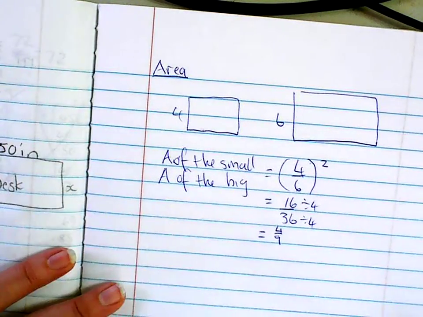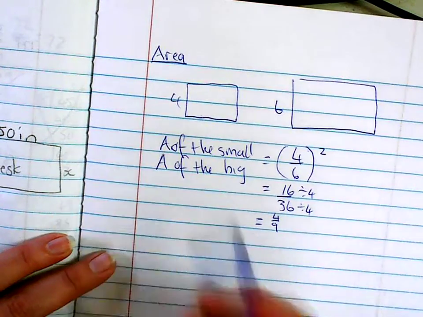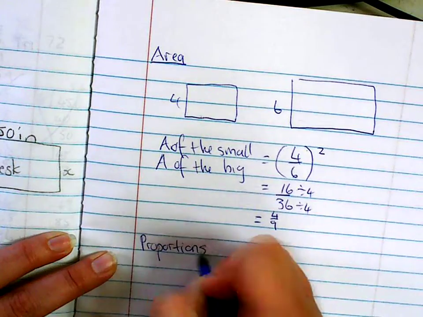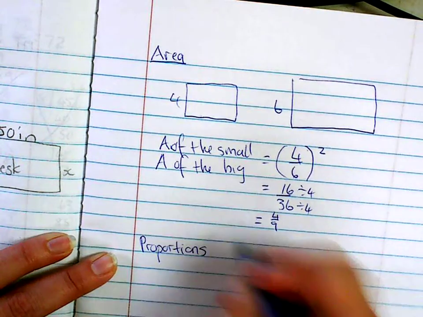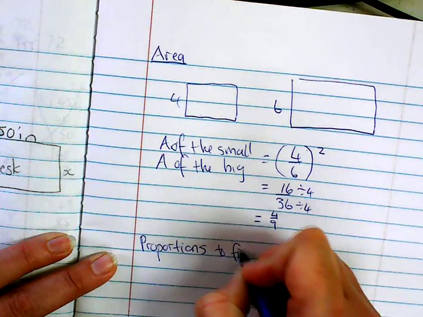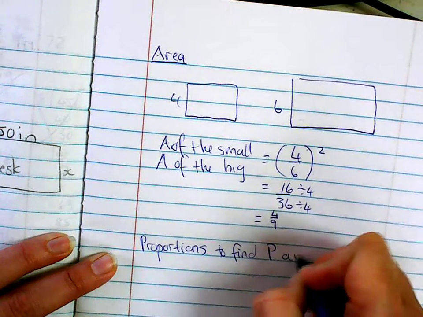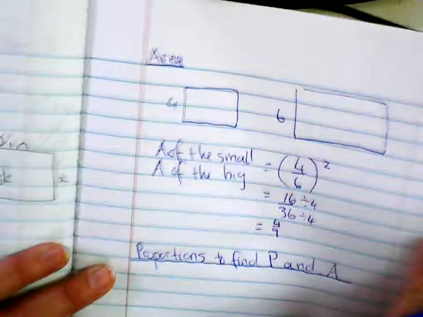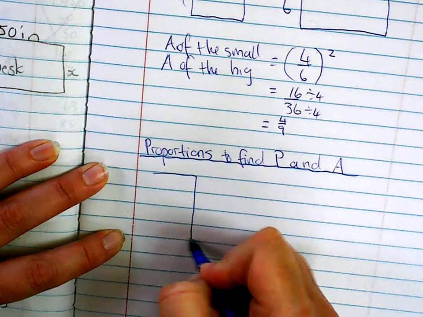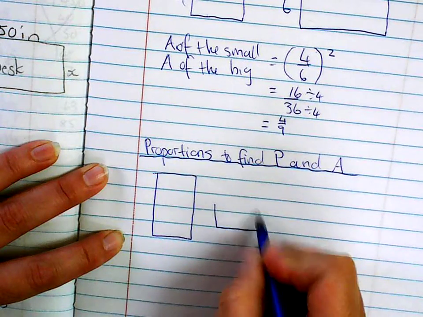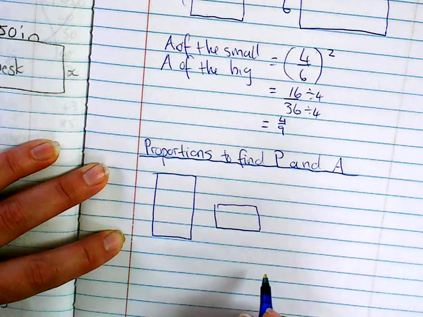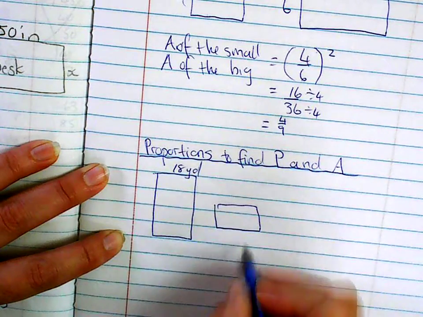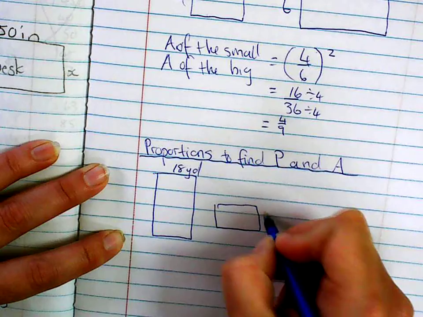Also, we can use proportions to find perimeter and area. For example, a swimming pool and next to it a tennis court, and I can say the width here is 18 yards and the width here is 10 yards.